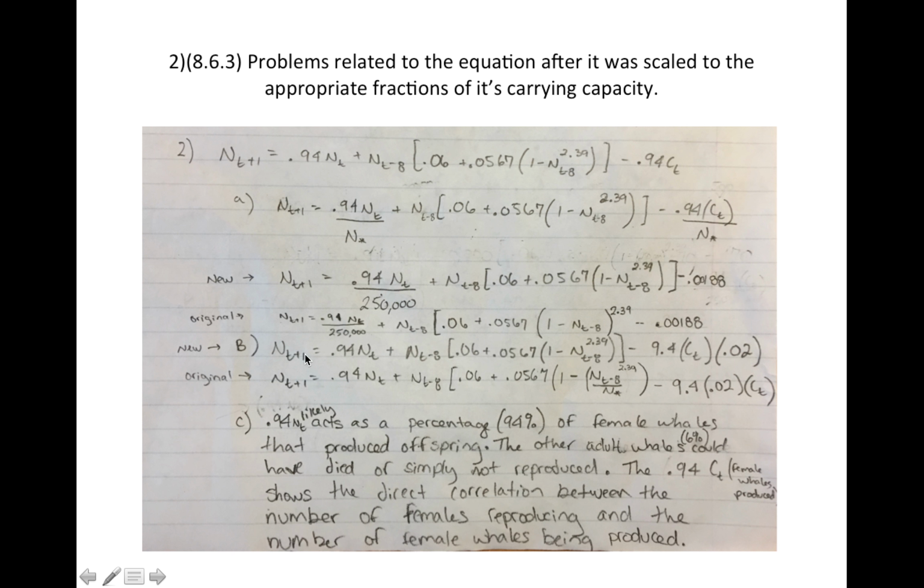And then this model right here represents the 2% of the adult female whale population being harvested each year. And then the 0.94 parameters act as percentages of female whales that produced offspring. The other adult whales could have died or simply not reproduced. The 0.94 population shows the direct correlation between the number of females reproducing and the number of whales being harvested.